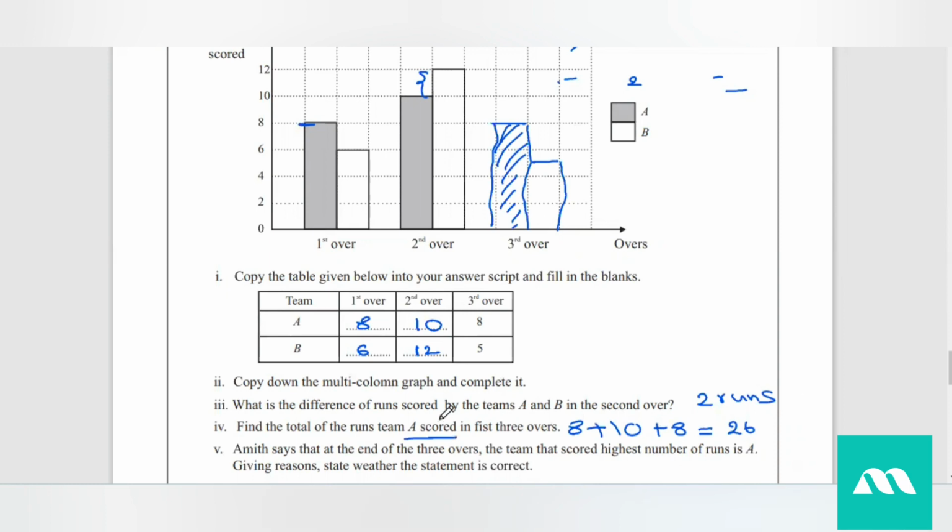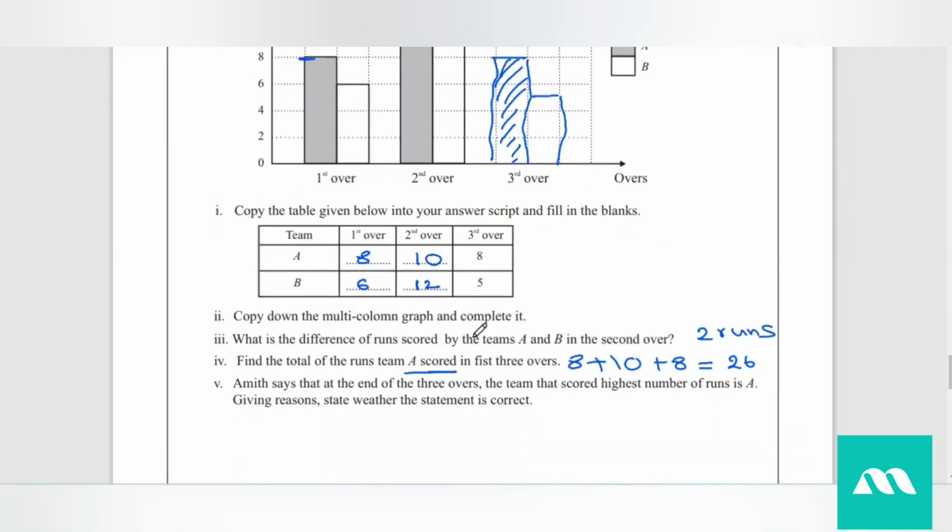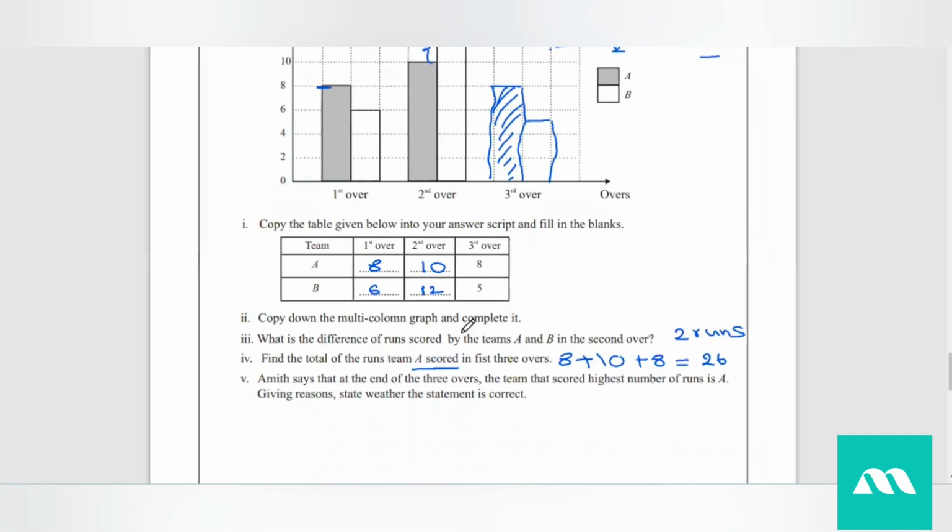Amit says that at the end of the 3 overs, the team that scored the highest number of runs is A. Giving reasons, state whether the statement is correct. Is Amit's statement correct?